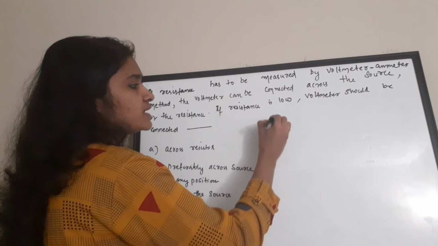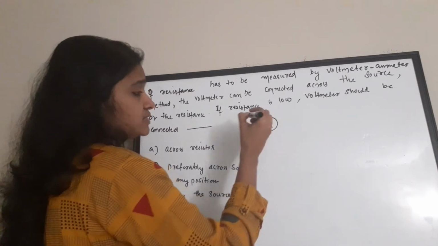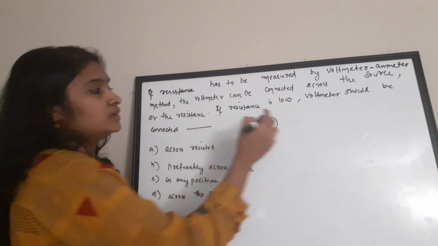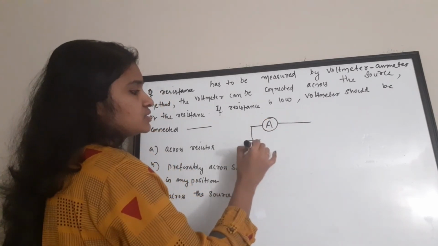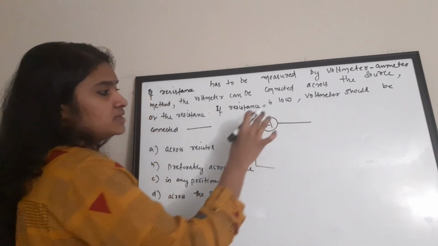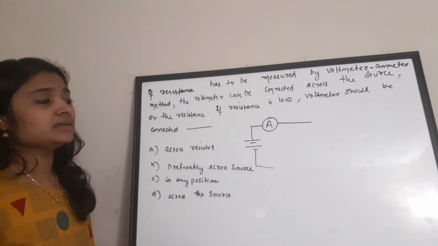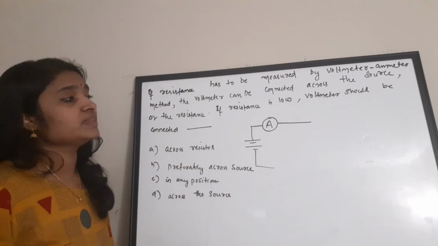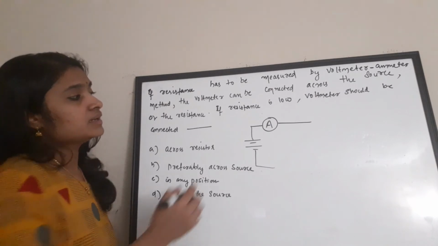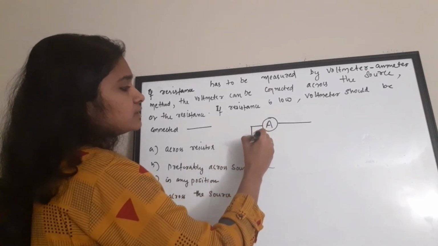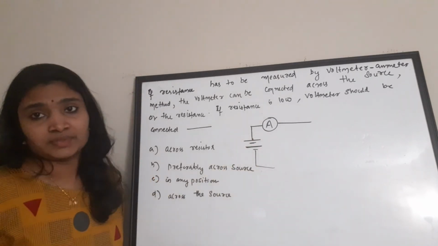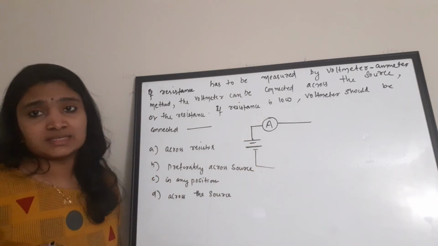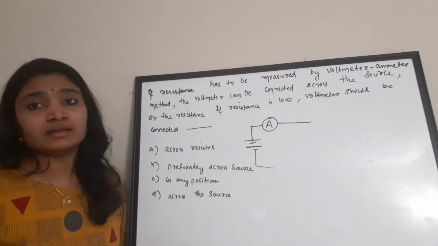We always connect the ammeter in series with the circuit. That is, if this is the source and this is the ammeter, the ammeter is connected in series, because in series connection the current is the same and in parallel connection the voltage is the same, right?